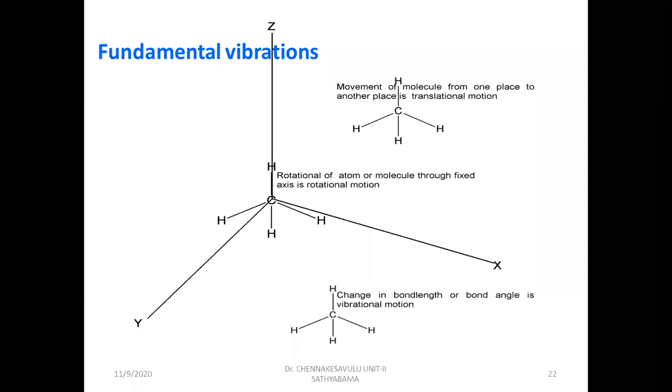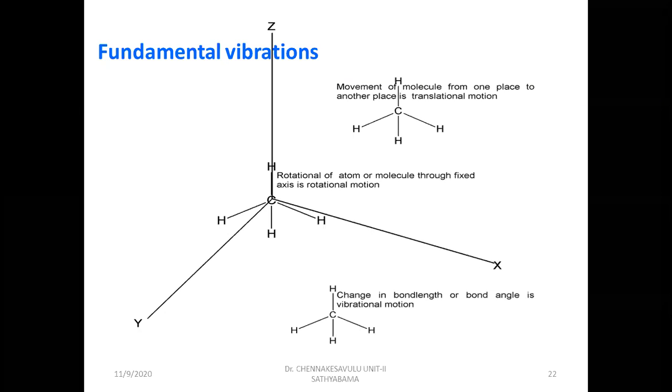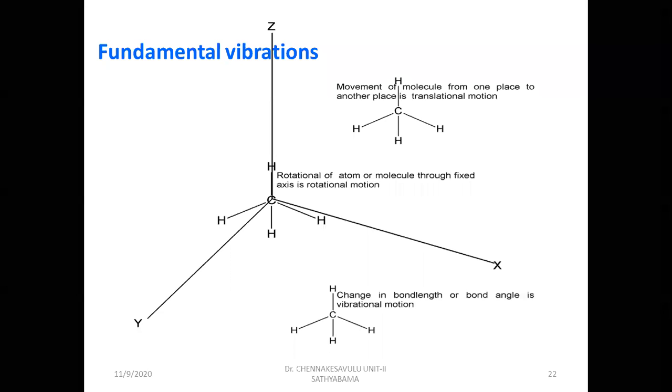If you want to define an atom in three-dimensional space, we need x, y, z coordinates. Those are the number of degrees of freedom, okay? Similarly for a molecule, same thing. If you want to define a molecule in three-dimensional space, we need a minimum number of variables to define the position of the molecule. That is known as the number of degrees of freedom.